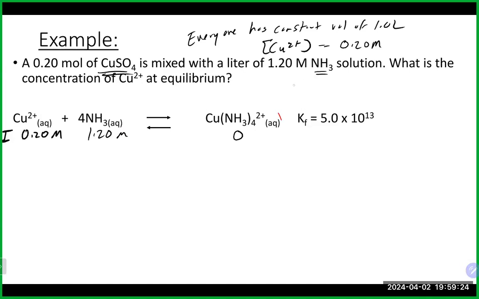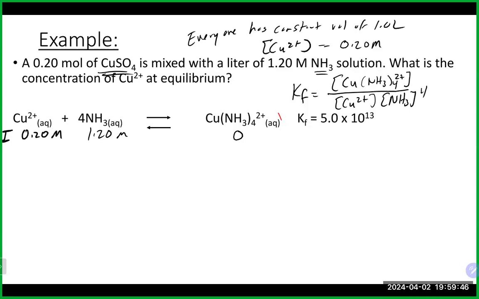We could obviously also write our KF expression, which is our products, our CuNH3 divided by our copper 2 and our NH3, which we do need to take to the 4th power because of the coefficient that is there.